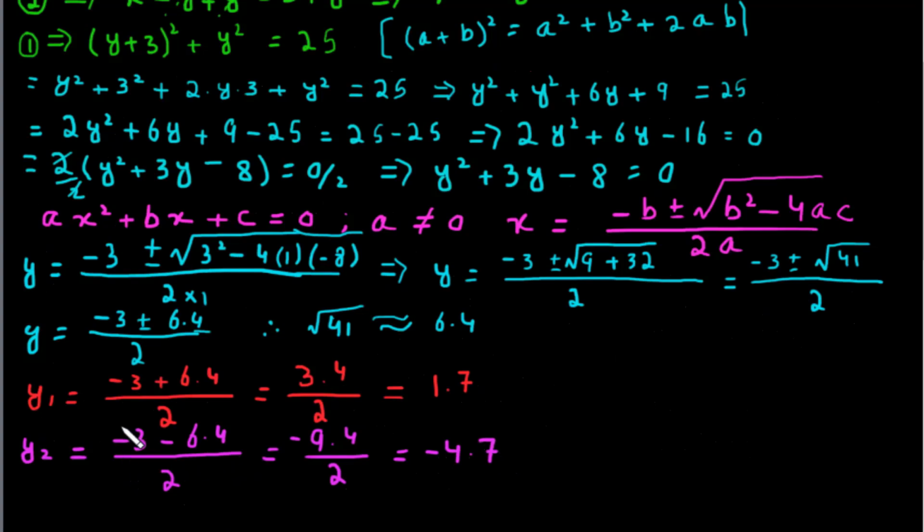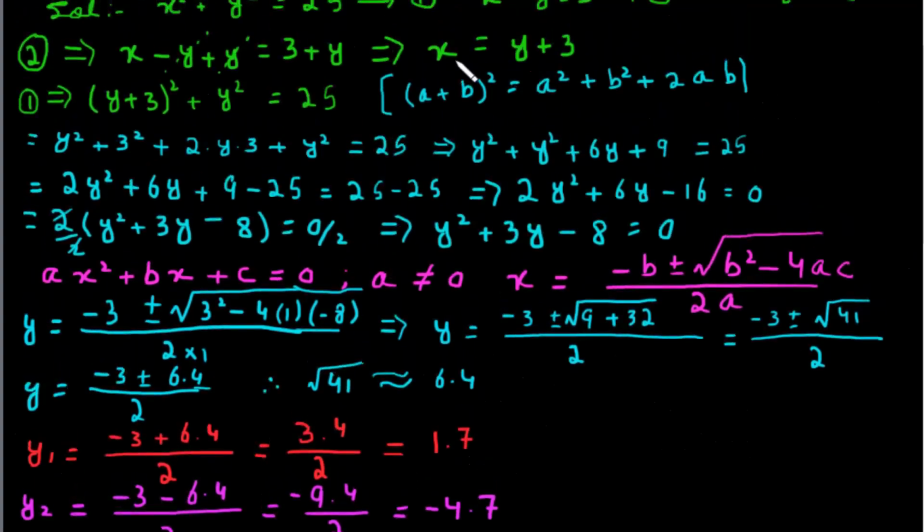So we came to know that y has two values. Similarly, when y has two values, x will also have two values, and to find those values of x, we will use the equation x is equal to y plus 3, and for this y we have to substitute these values. Alright, so let me do that. For x sub 1, y is 1.7, so 1.7 plus 3 gives us 4.7.